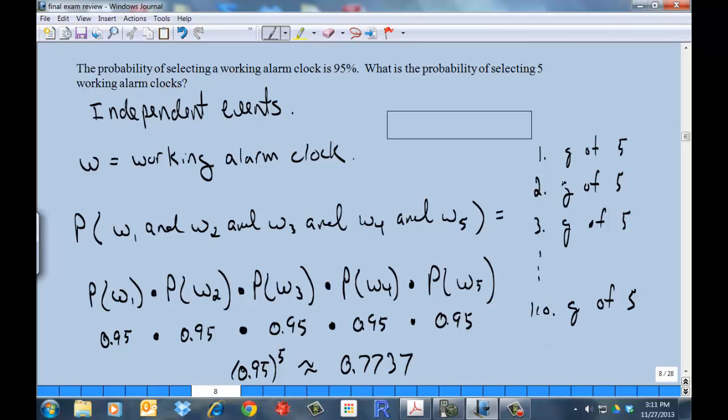And that would be about 77 of the 100 groups. 77 of 100, we would see all 5 of the alarm clocks working. In the other groups, they would not have all 5 of the alarm clocks working.